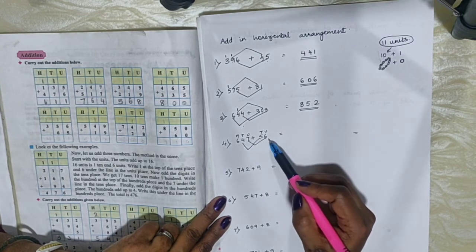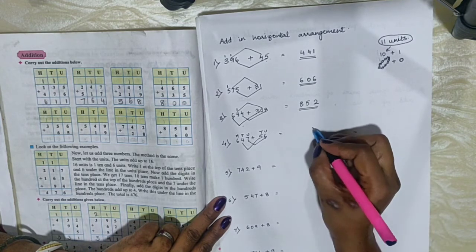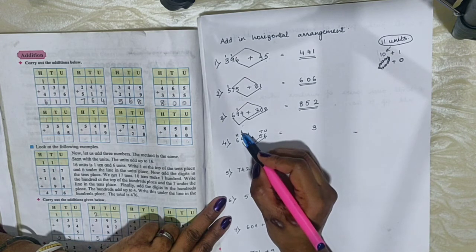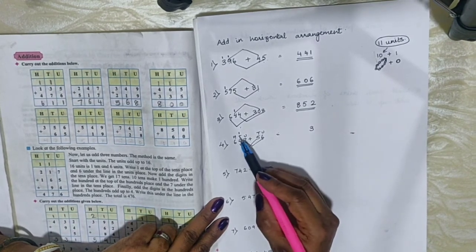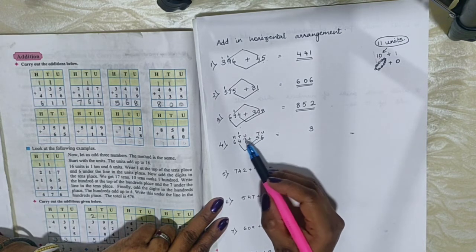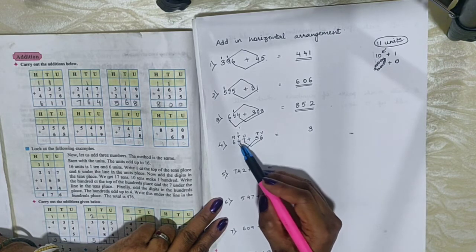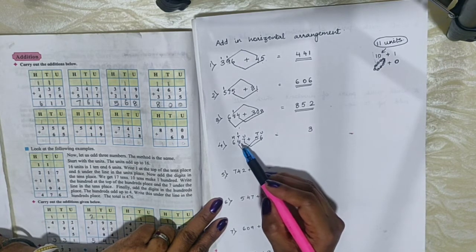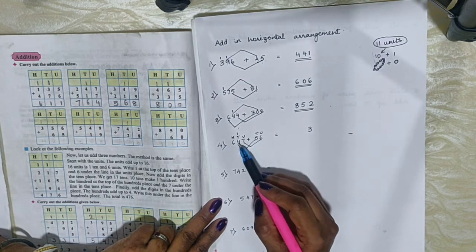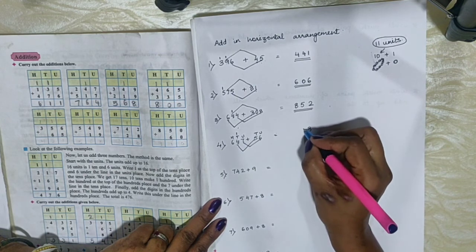So, 7 plus 6. 7 units plus 6 units is what, children? 13 units. So, 3 you will write here and 1 will go to the tens place. So, 1 tens plus 4 tens is 5 tens. 5 tens plus 5 tens is 10. 5 plus 5 is 10.